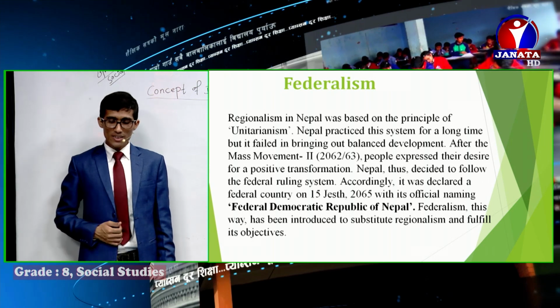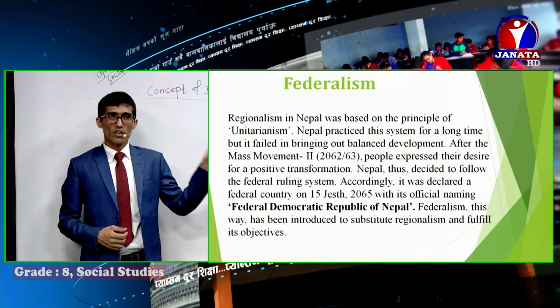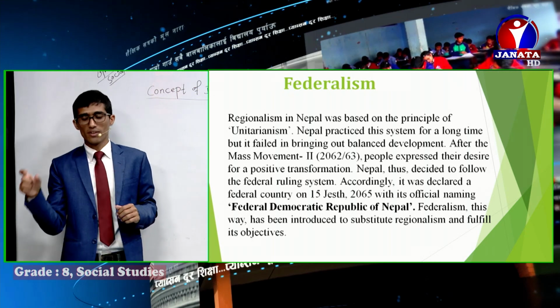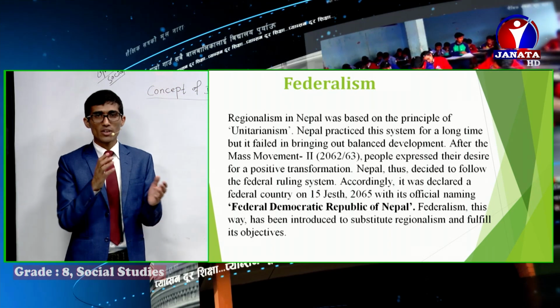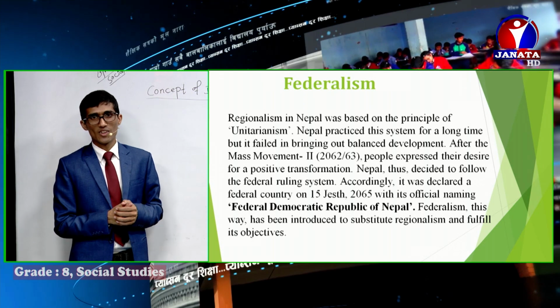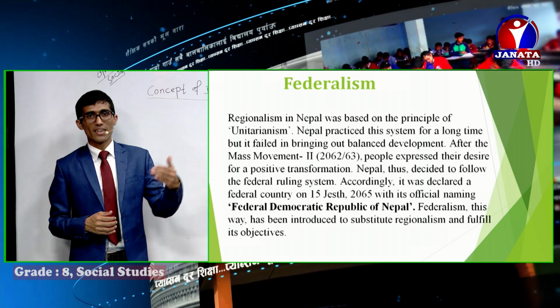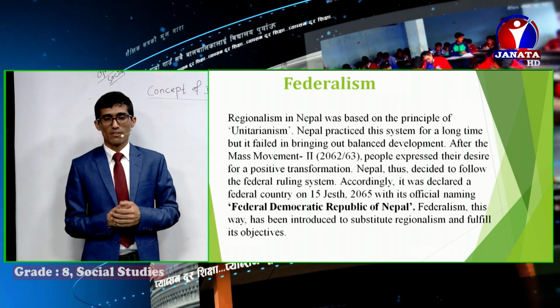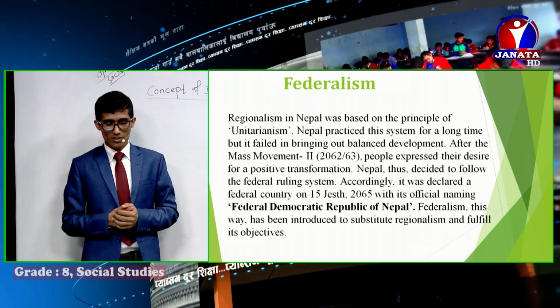And Nepal practiced this system for a long time. Means 2029 BS to 63 or up to 74. After the promulgation of the new constitution and the 3 levels of election in 2074, those concepts were outdated. So that long practice was there.